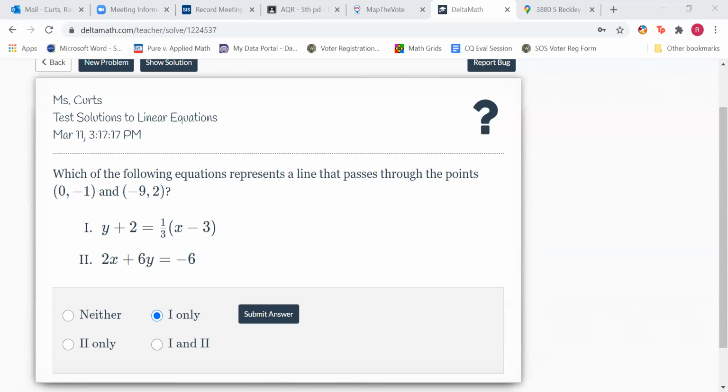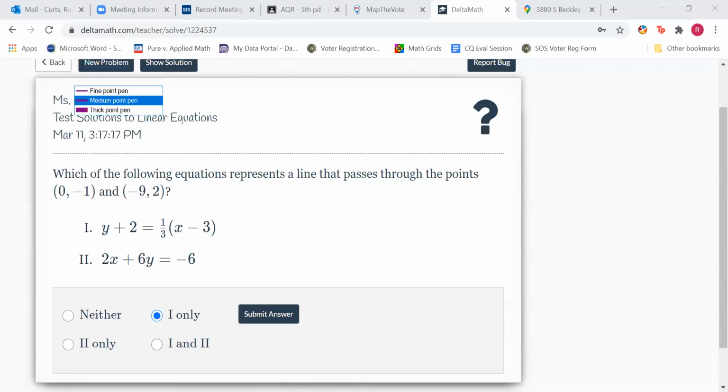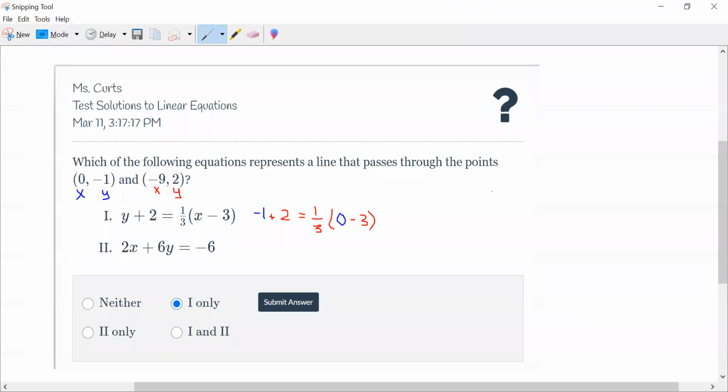Blue and red make purple. Oh, sorry. Okay, there we go. Thank you, Brandon. Brandon said you couldn't see what I was writing on. I hadn't shared to the right screen.